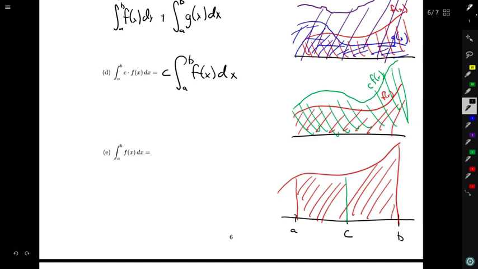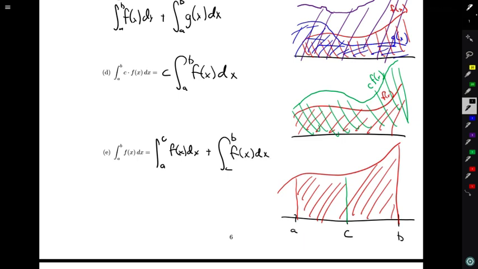And certainly the total red area should be the red stuff to the left of c plus the red stuff to the right of c. So the way I'm going to break up this integral from a to b is as the integral from a to c, so now I'm using a as the left endpoint and c as the right endpoint, of f of x dx, plus the integral from c to b of f of x dx.